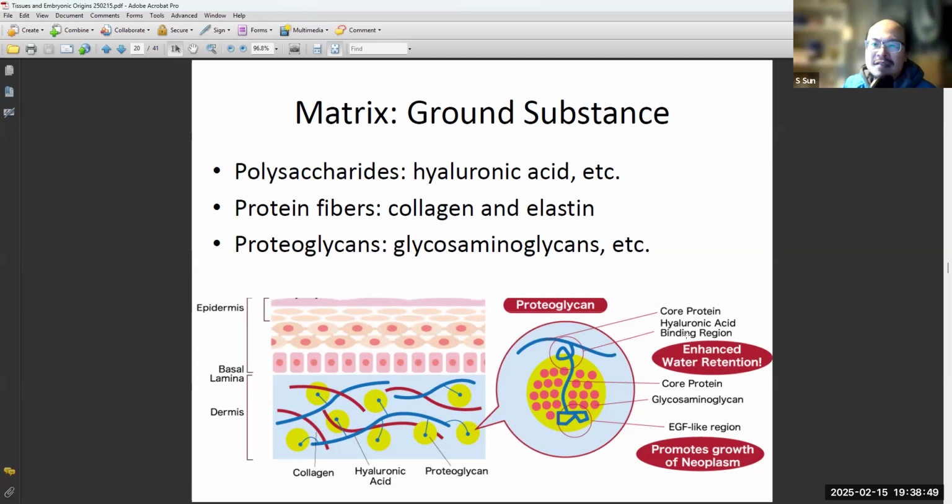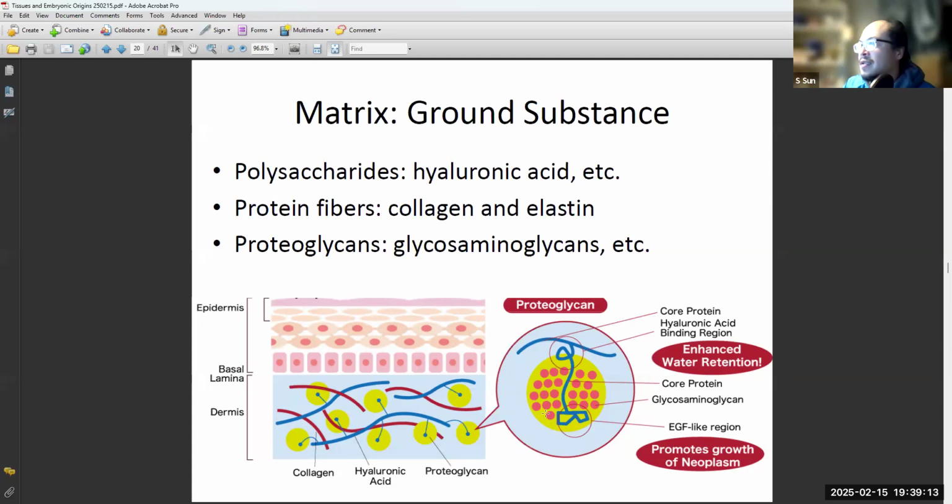A lot of this is commonly used in cosmetics. People will put hyaluronic acid on the skin, so skin will have fewer wrinkles and look shinier.